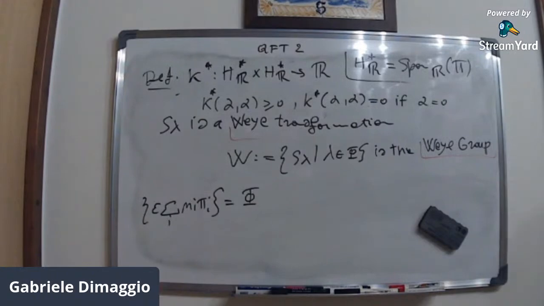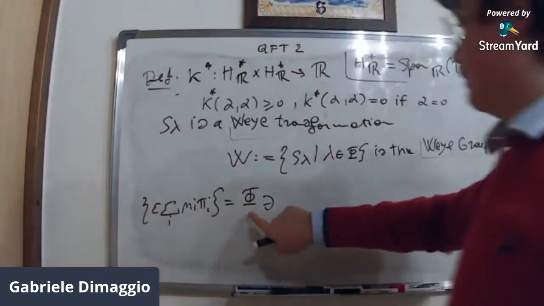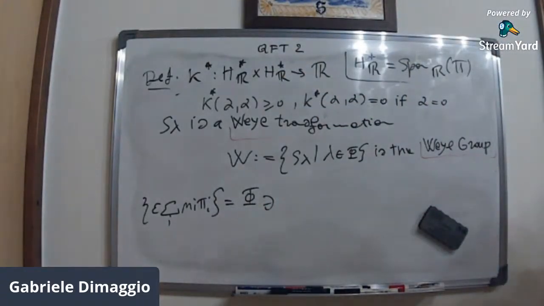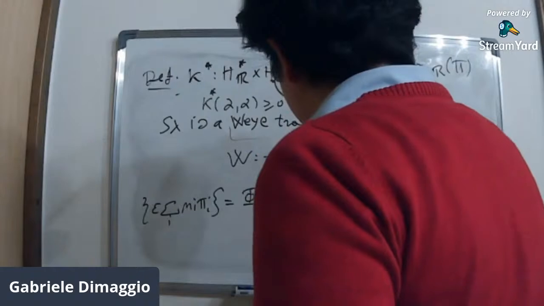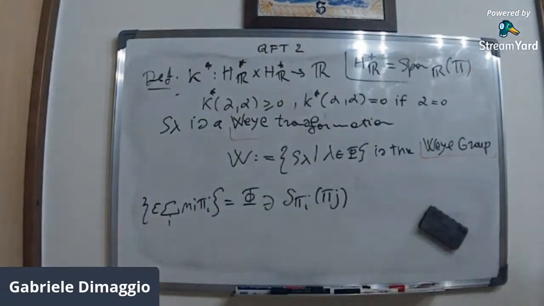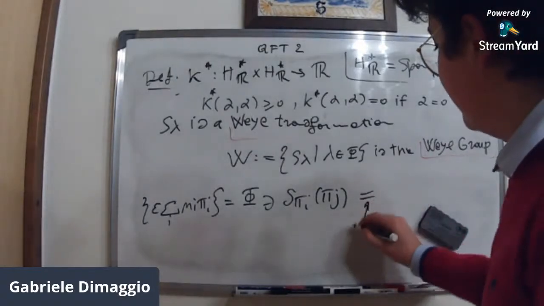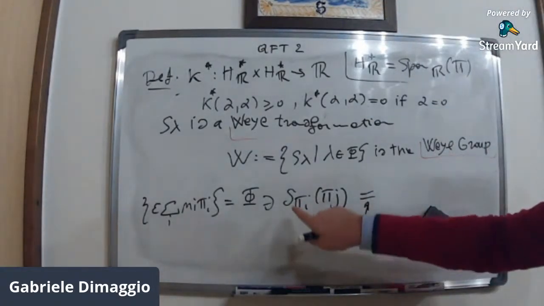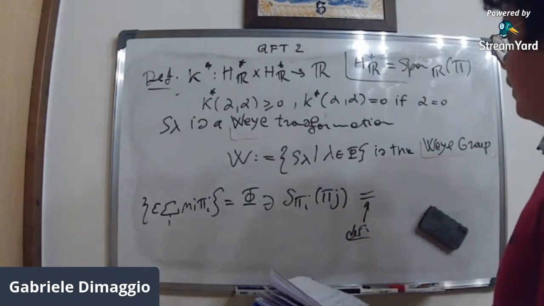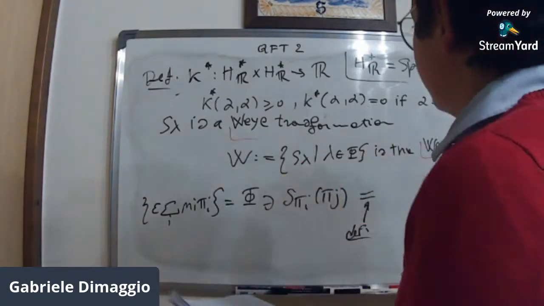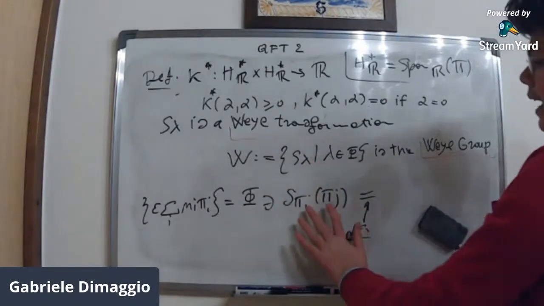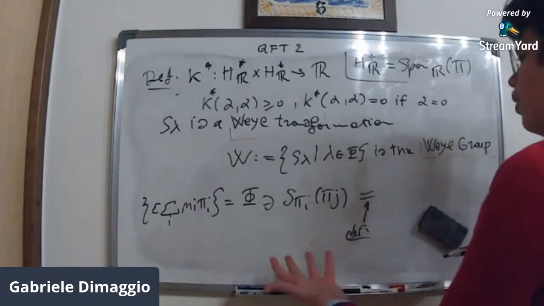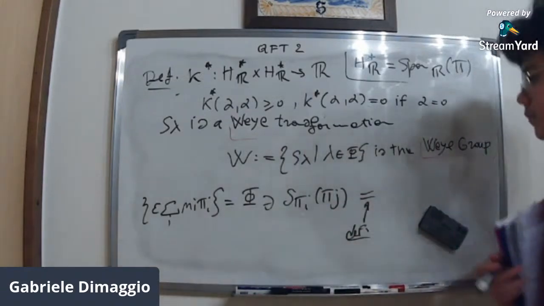And so I have an element of this set of roots. Attention, this is a definition. I have the Weyl transformation as lambda. In this case, if I take a fundamental root, what can happen?